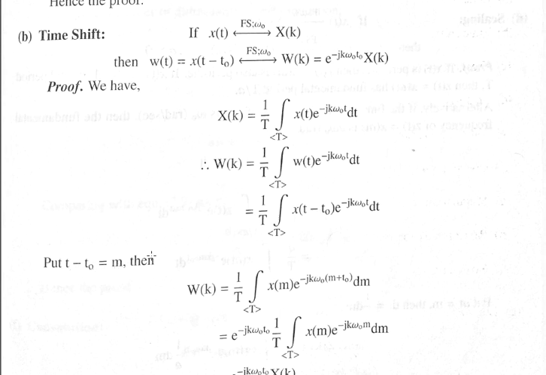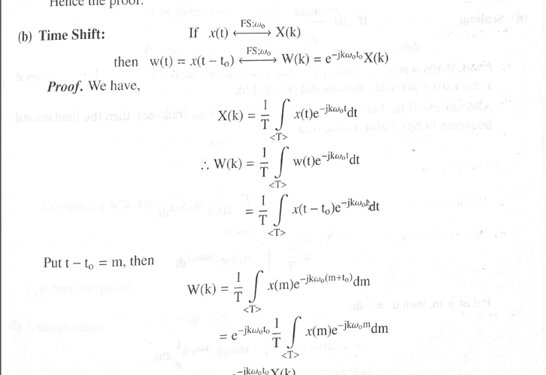If it is equal to m, then this equation becomes, this one is the same. Now x of m, and e raised to minus jk omega naught, fine, now t. This t is nothing but m plus t naught, because the value of t has to be obtained using this equation.